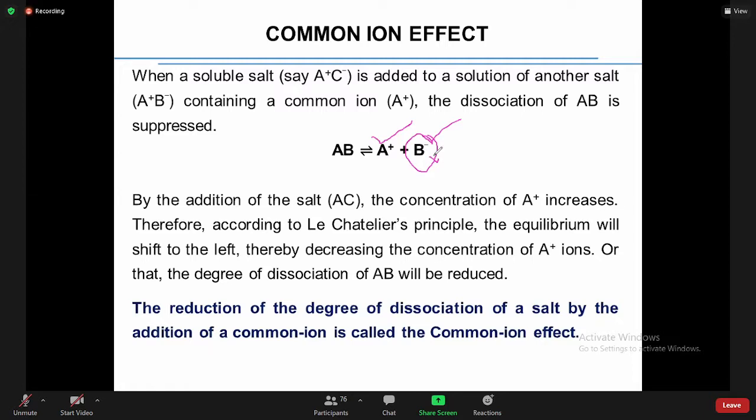Same goes for the solution when you prepare a solution of sodium chloride with water, right? This happens due to the presence of a common ion, and that reduces the dissociation, and that is actually called the common ion effect.